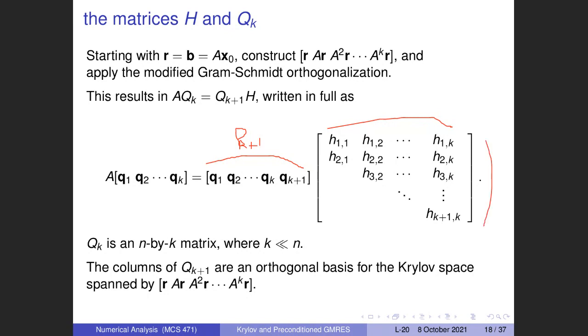So the rows here are k plus 1 as well. Let us now look at what these Hk's are. The H2 here is used in the product of the second row with the second column.